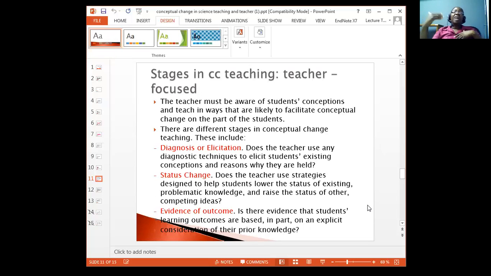So we have to look at the evidence, and that is why it is so important that we started at the beginning, where we tried to elicit and bring forward what the students' misconceptions or alternate conceptions are, because it is on the basis of that, having taught, that we will be able to see whether we have made any sort of impact, if students have actually changed their minds in any way. So we have to look at evidence of outcome.